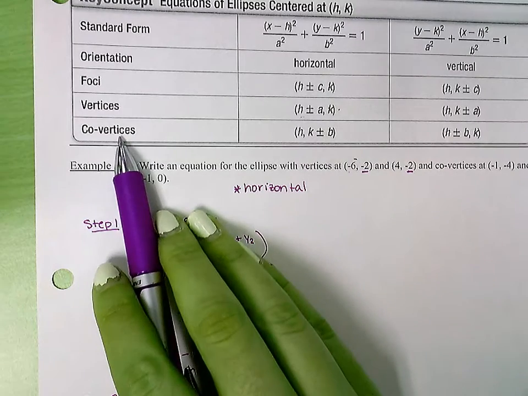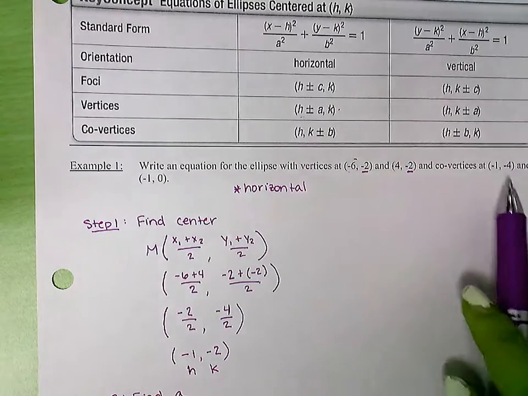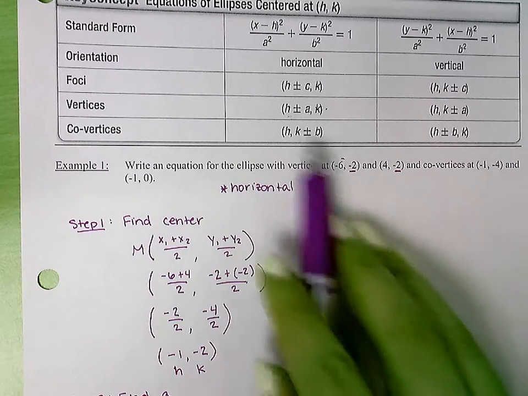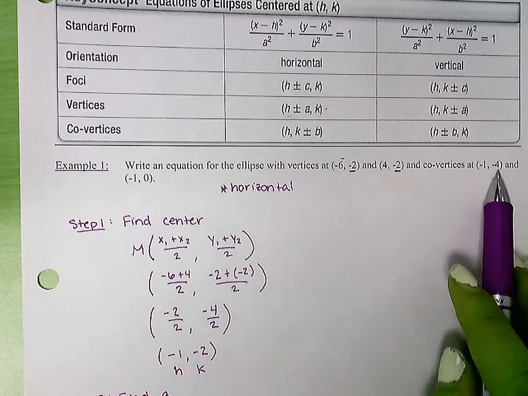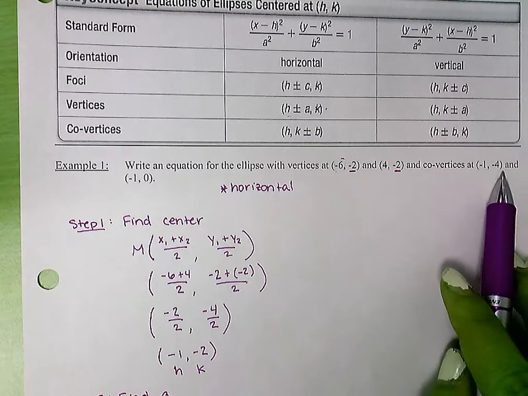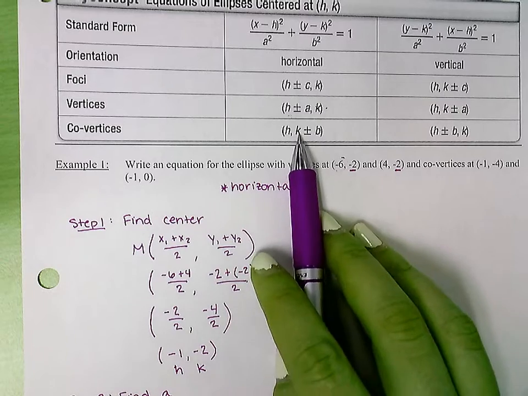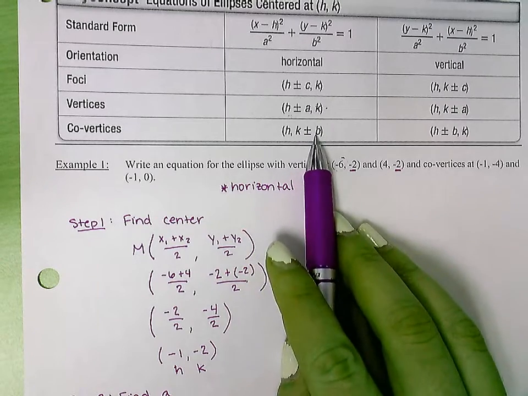That's in your co-vertices. One of my co-vertices is right here. That's -1, -4. Well, b has to do with that y piece. So I can set -4 equal to our k value plus our b value.